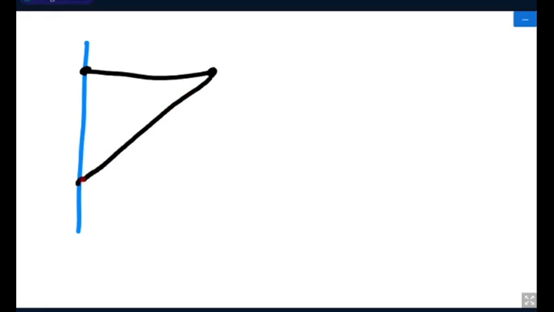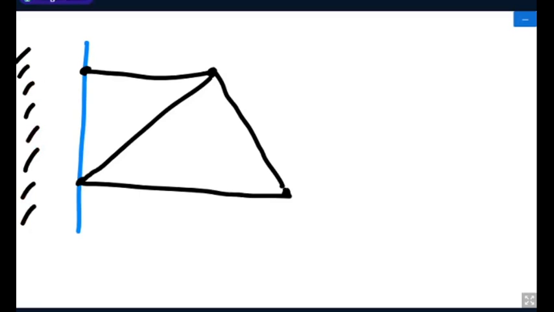Let me just draw something here because we might get something like this. Let's say we've got this like that, and something like this. So this triangle now is attached. This could be a wall, or something like that.